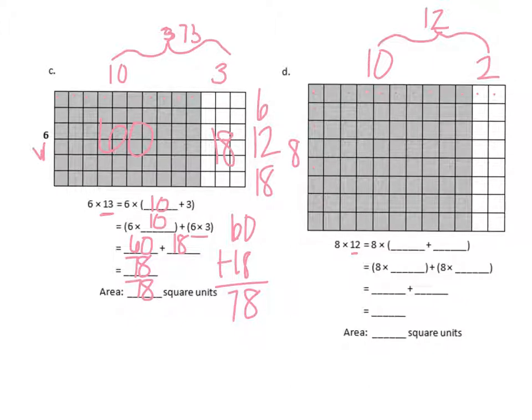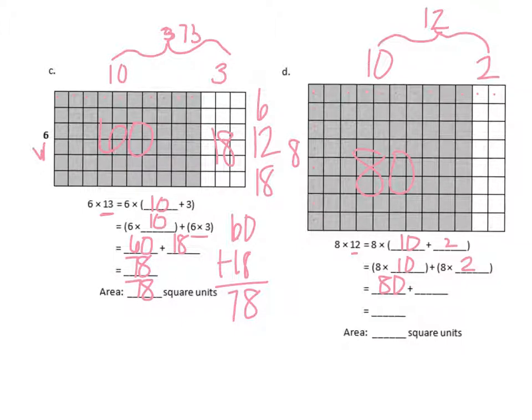So I can break it down into 10 and 2. Now I'm going to multiply each part in order to figure out the entire thing. So 8 times 10 is 80. That represents the shaded part. The unshaded part is represented by 8 times 2.